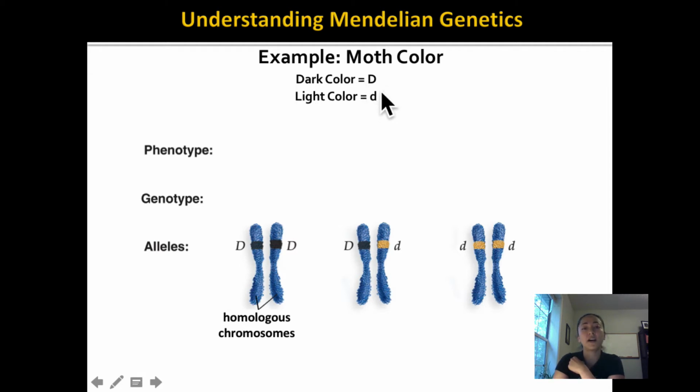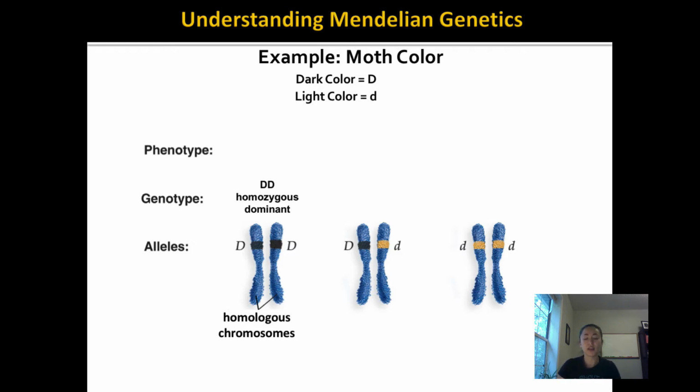In the case of moth color, the dominant allele causes the individual to be dark, whereas a recessive allele causes the individual to be of light color. Knowing the rules of genetics, if an individual has a big D and a big D on their homologous chromosomes, then we would call that homozygous dominant because they have the same alleles and both of them are dominant.